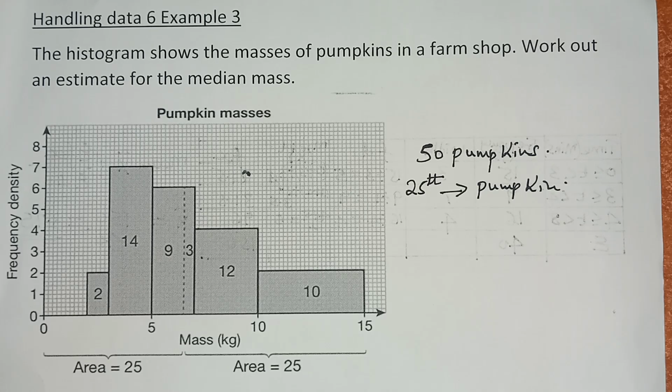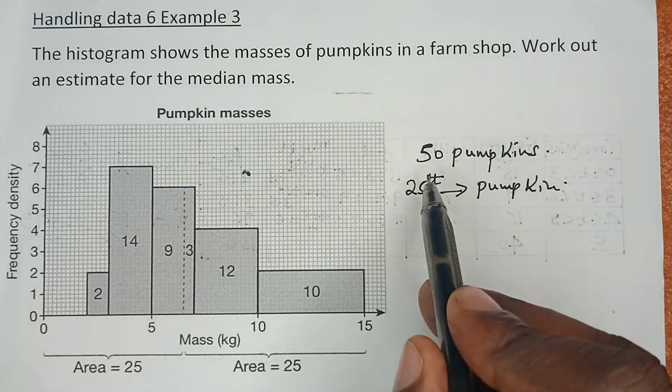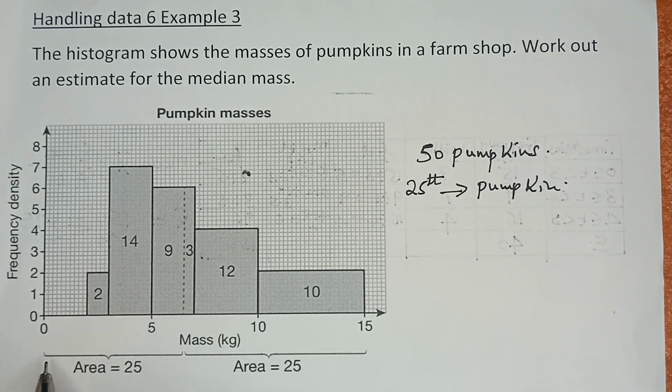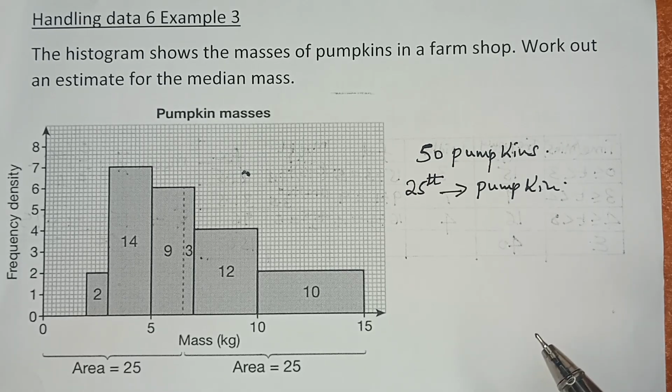Why 25th? Because we have to divide the 50 into 2, as it has been divided in this histogram. At this particular point, we are having an area of 25, and on the other half, we are having an area of 25.